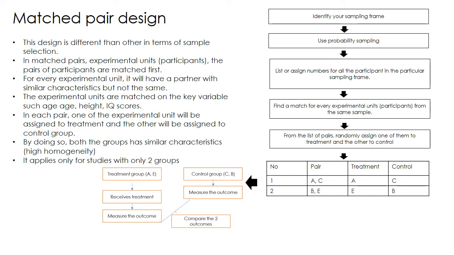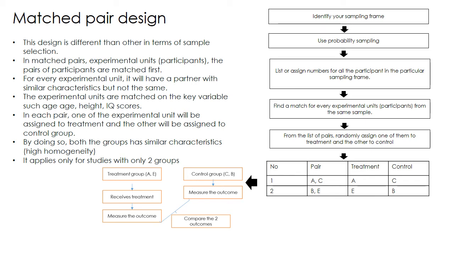So we want to find somebody as similar as possible to the other experimental unit. We want to find similar people so that we can identify the true cause that is actually happening in the study.